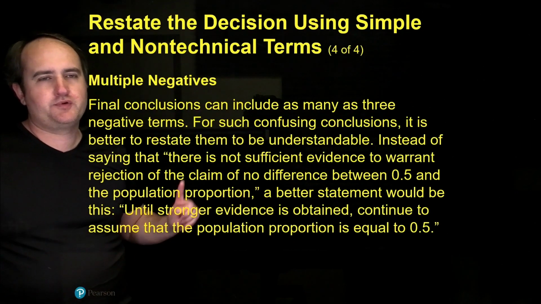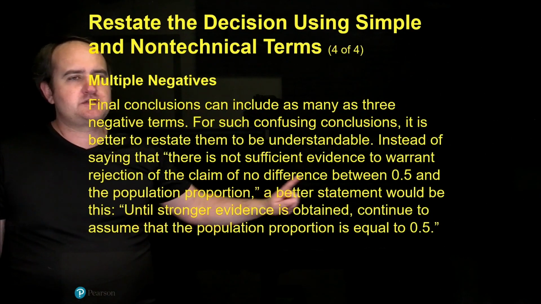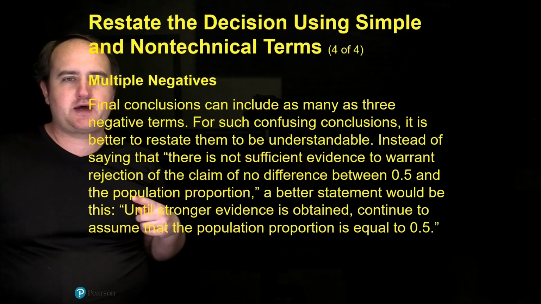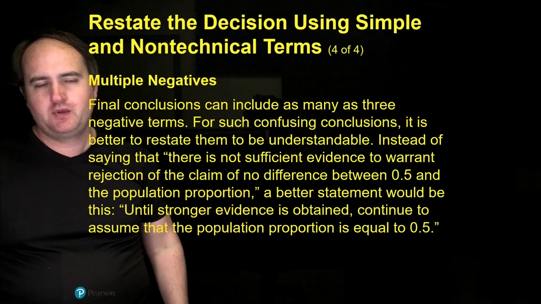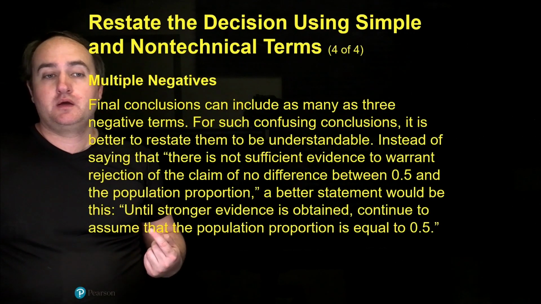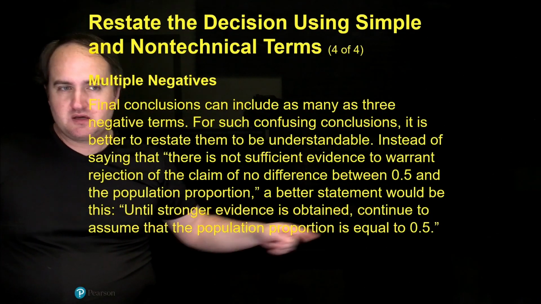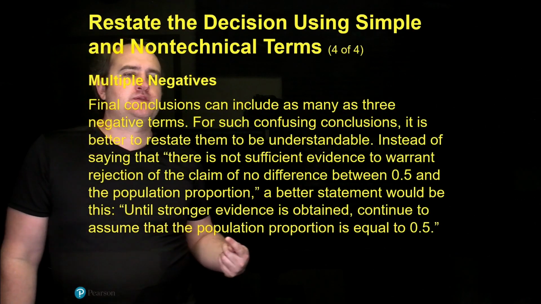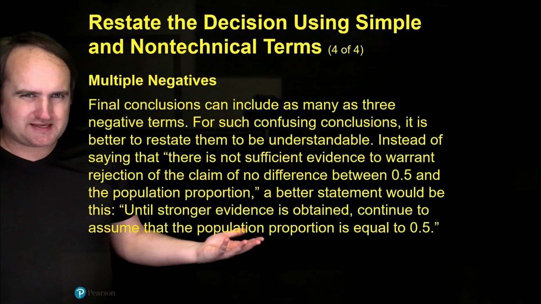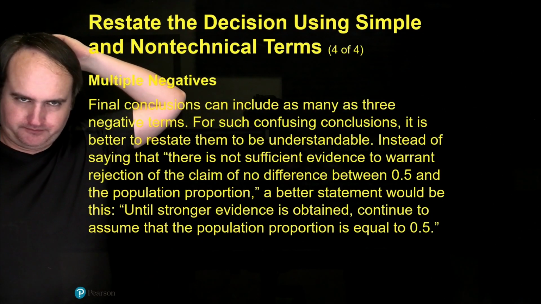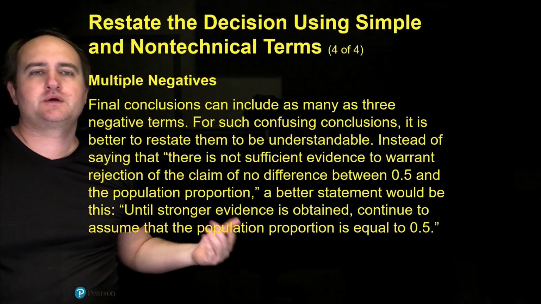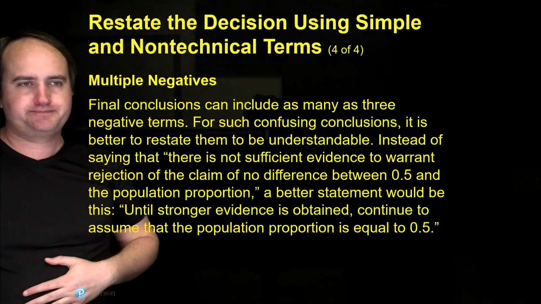For example, instead of saying there is not sufficient evidence to warrant rejection of the claim of no difference between 0.5 and the population proportion, a better way to say it that people could understand would be, until stronger evidence is obtained, continue to assume that the population proportion is equal to 0.5. Or at least that's the argument they make in our book. This is sort of just saying, well, we failed to reject H0.